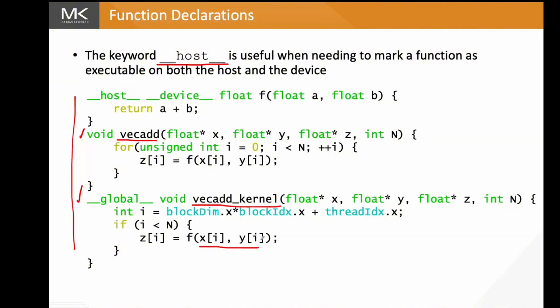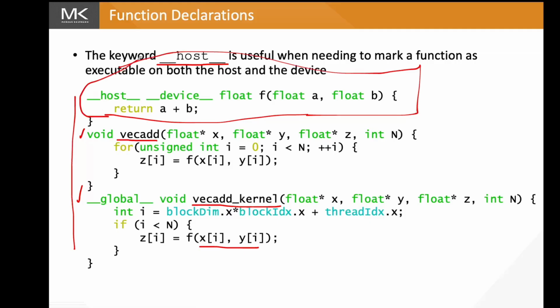So what we do is that we want to factor out the code that is common in both functions and have it in another function. Just a simple refactoring here, right? And after that, I will annotate this function called f with both host and device, which means I want to compile this function for both CPU and the GPU, right?